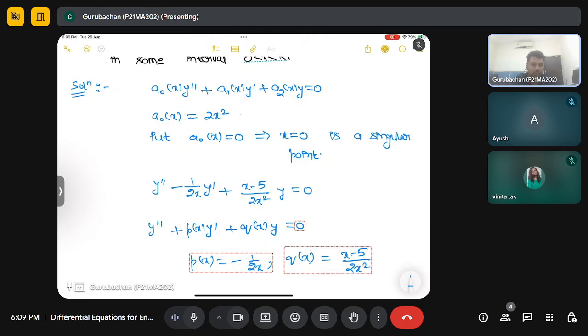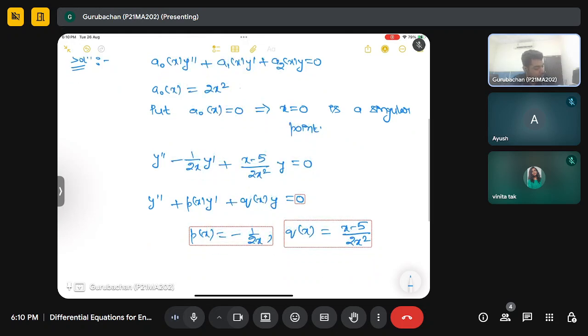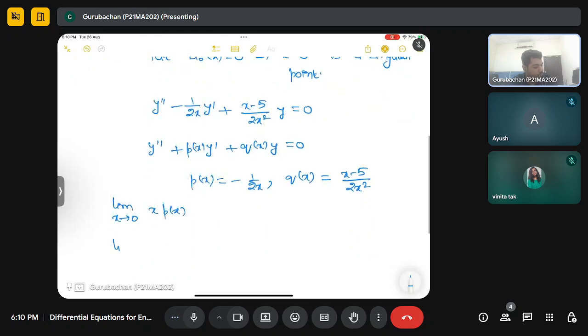To judge whether x = 0 is regular, we need to check the limit as x tends to 0 of x p(x) and the limit of x^2 q(x). Both limits have to be finite.